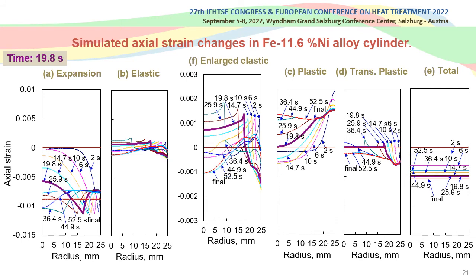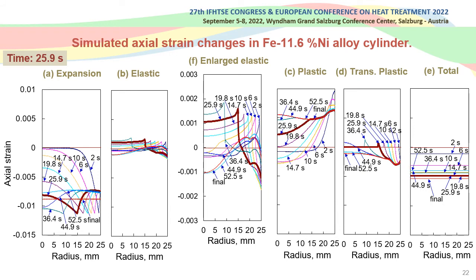These are strains at 19.8 seconds. The same trend of changes in the strain distribution can be seen as in the previous slide. The expansion strain at the cylinder core is now less than minus 0.005.